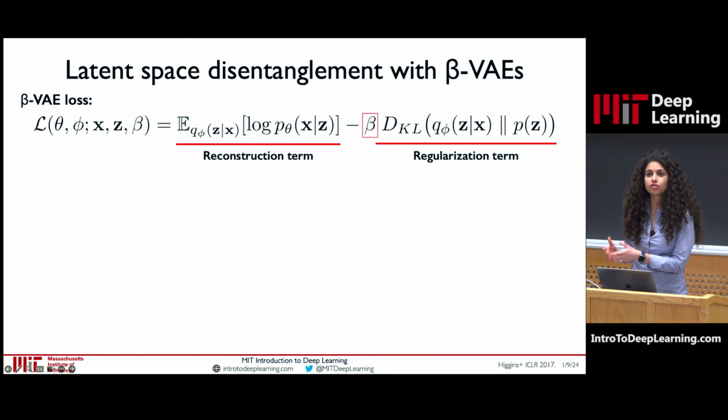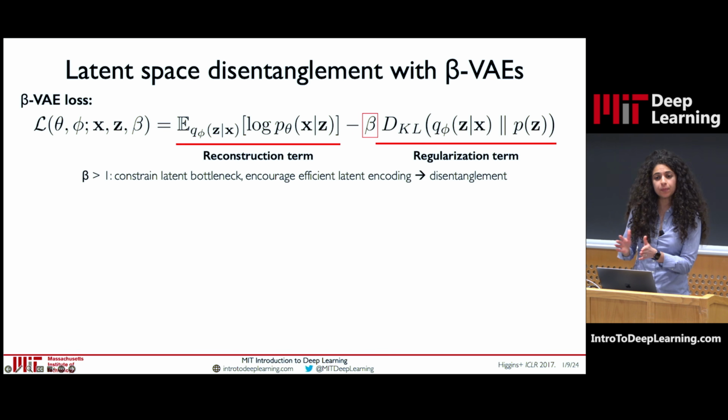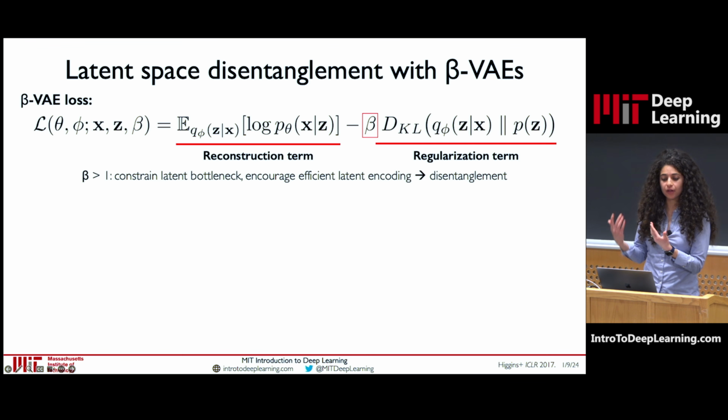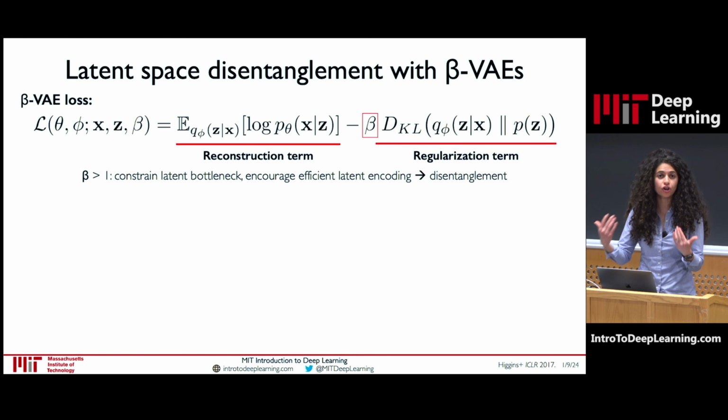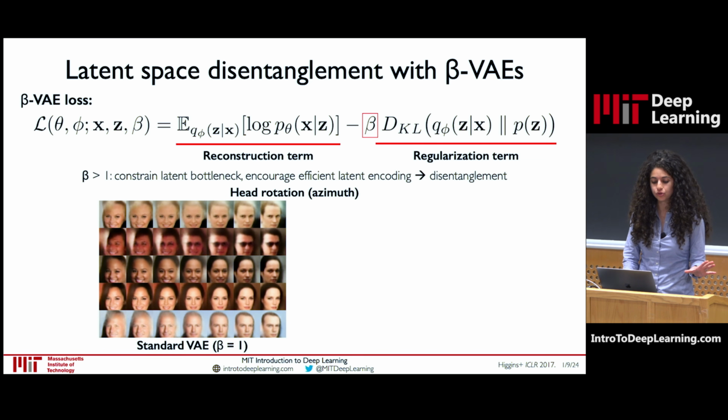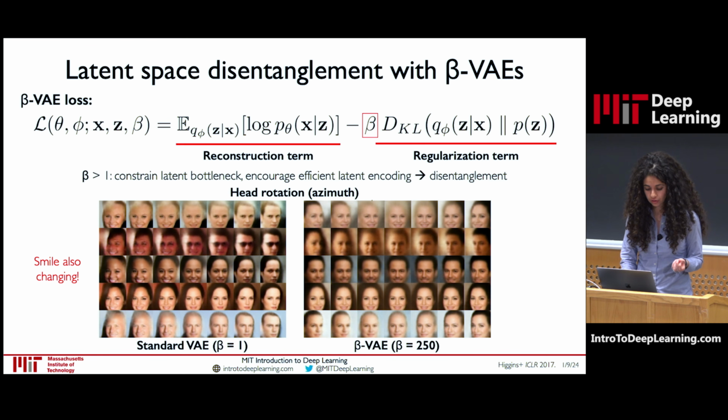And there's this slight variant of a VAE called a beta-VAE that just says, okay, if we put a weight on the regularization term that's greater than 1, it can constrain the latent bottleneck to basically be encouraged to disentangle these distinct variables, such that now you can get more interpretable and better disentangled features with greater weights on the regularization term.